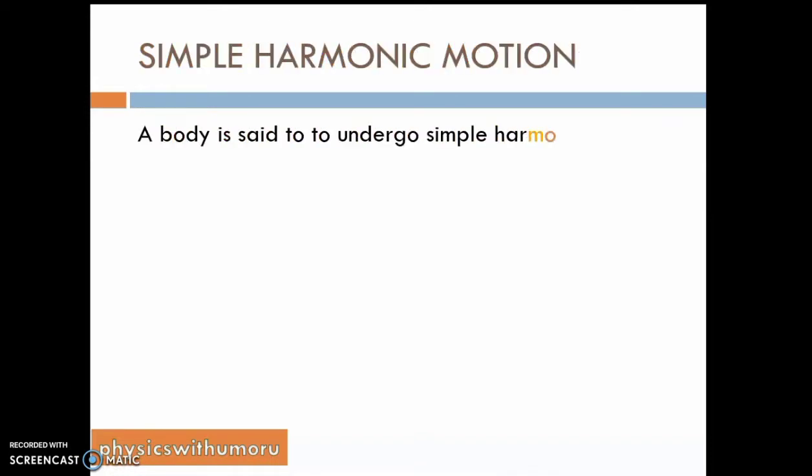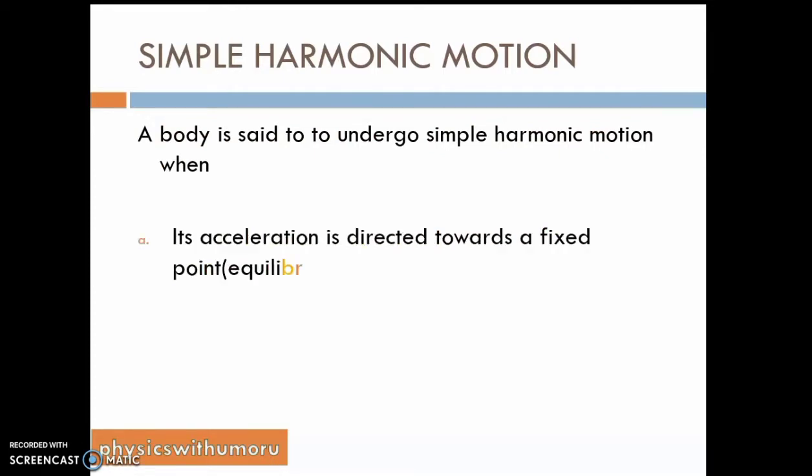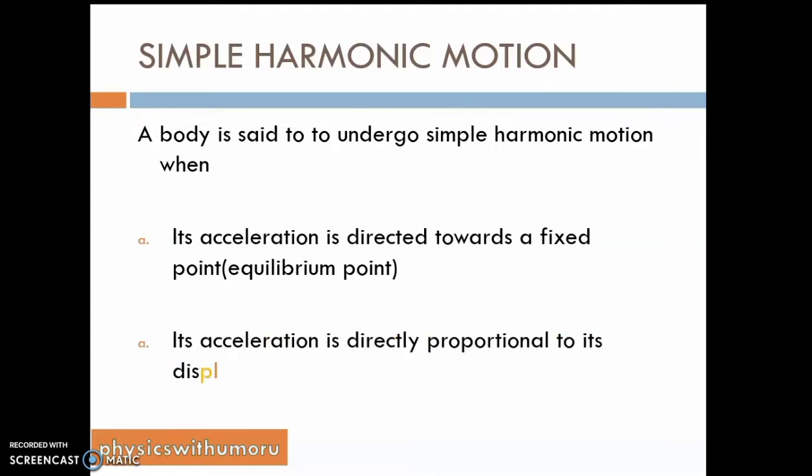A body is said to undergo simple harmonic motion when, number one, its acceleration is directed towards a fixed point, what we call the equilibrium point. And number two, when its acceleration is directly proportional to its displacement from the equilibrium or the fixed point.